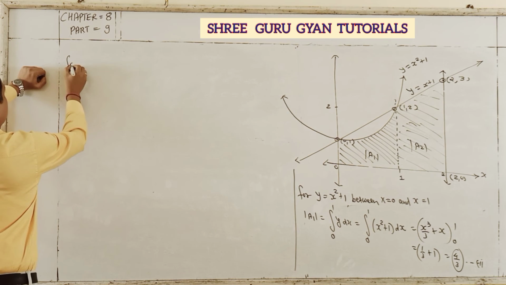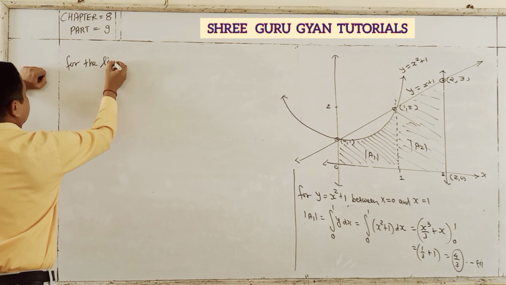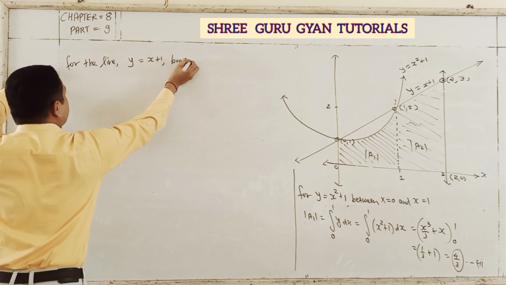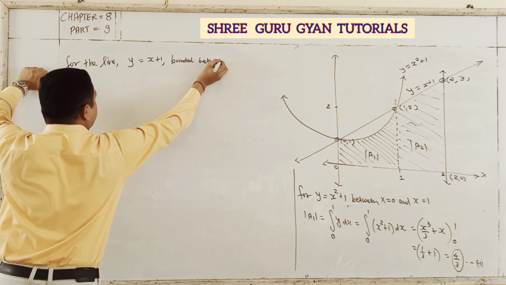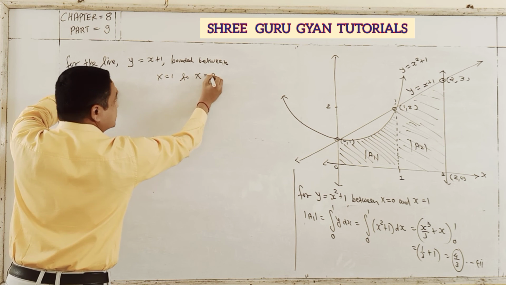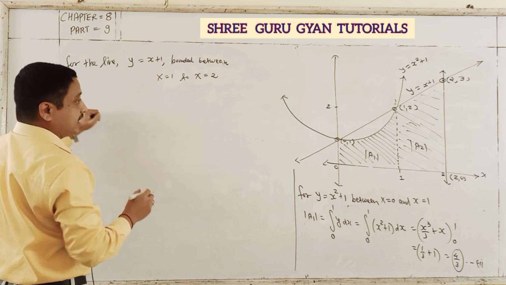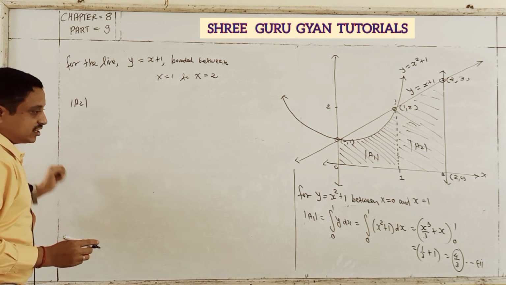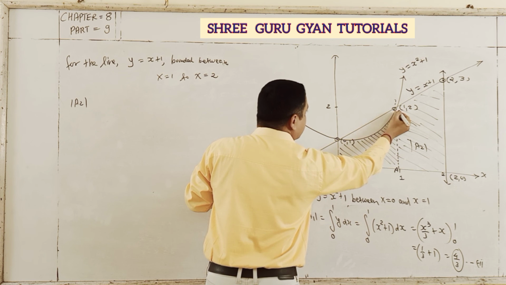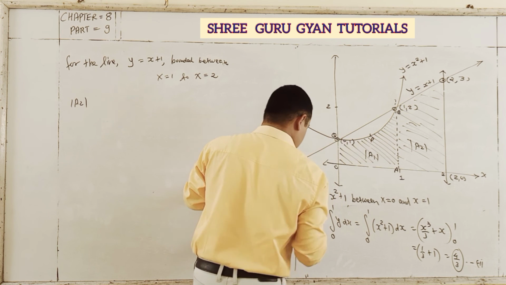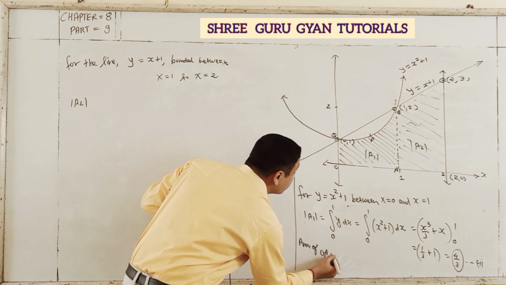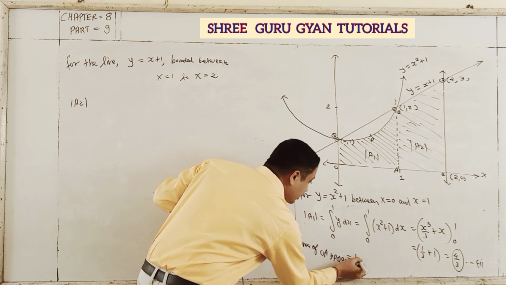So for the line, my line is y is equal to x plus 1 bounded between x is equal to 1 to x is equal to 2, and the area of A2. Here I will write down the area by naming O, A, B, P, Q. Area of OABPQ is equal to A1, students.